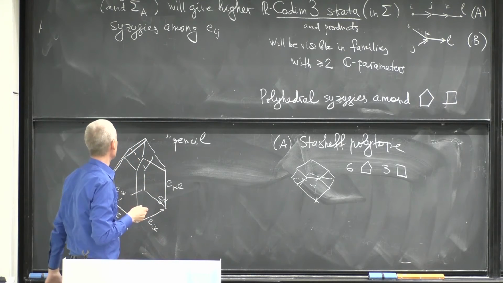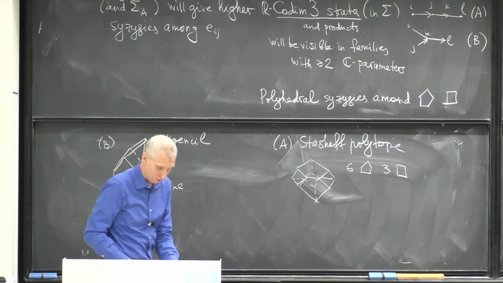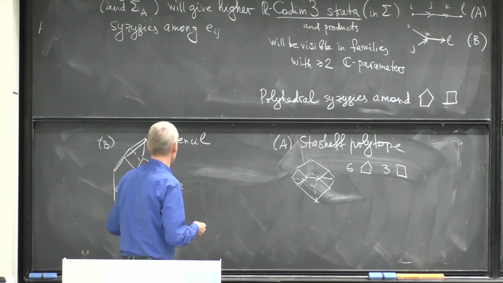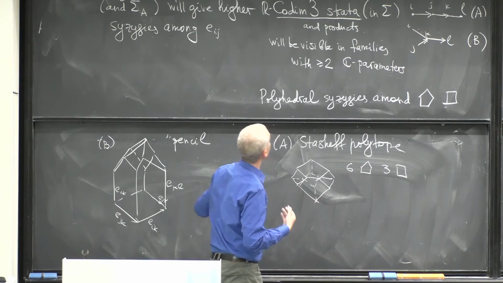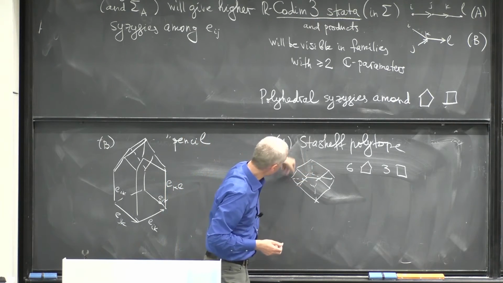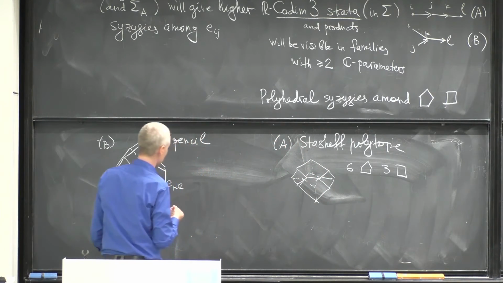So my conclusion is that these pictures and more complicated ones would generically appear, because if we have this intersection in Euclidean space, we automatically have some sort of polyhedral syzygy.